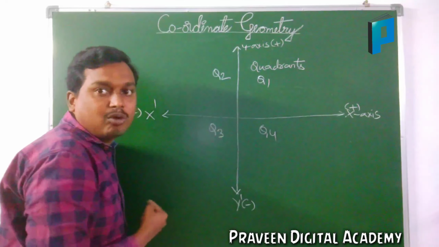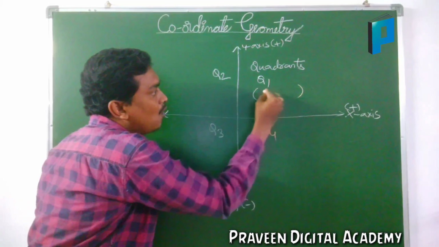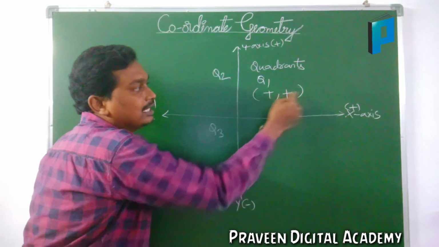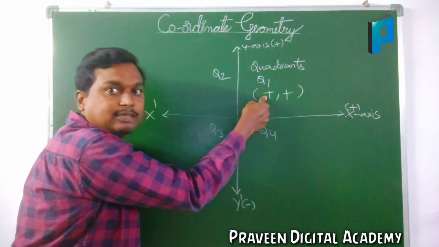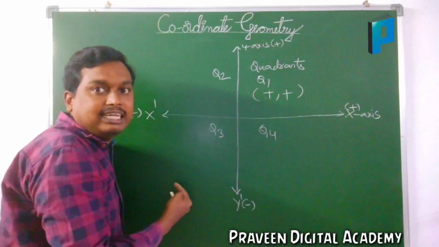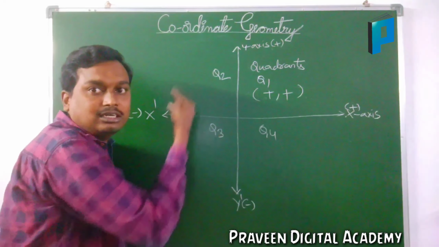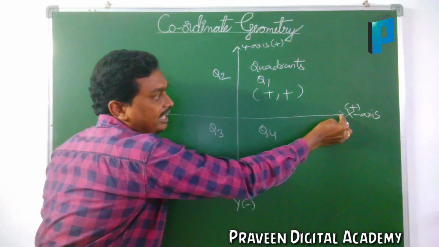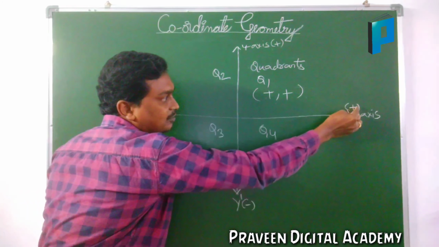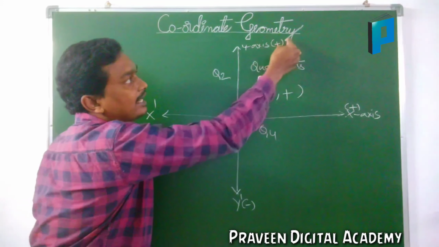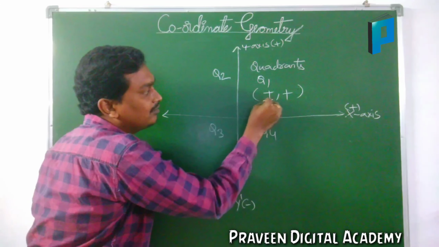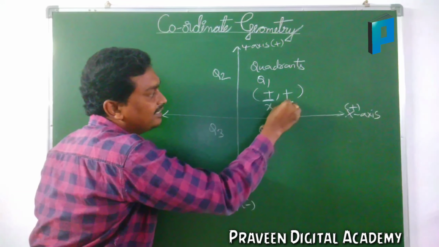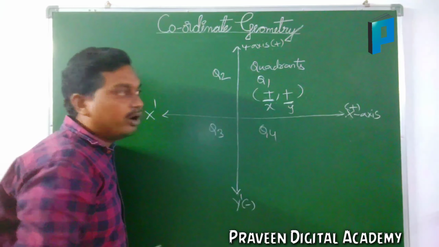In the first quadrant we have plus, plus. The x coordinate is plus and the y coordinate is plus. The first one is always the x coordinate and the second one is always the y coordinate.